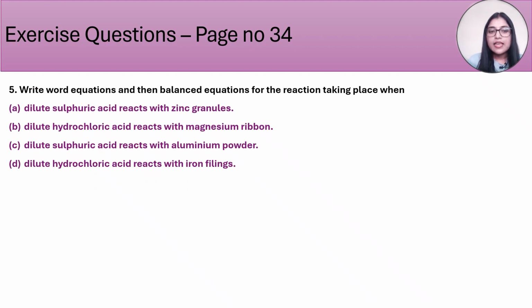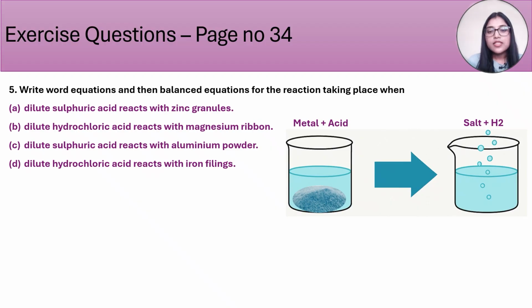Fifth question says, write word equations and then balanced equations for reactions taking place when dilute sulfuric acid reacts with zinc granules, and 3 other equations are given. Let's start with the first one. When dilute acid reacts with zinc granules, that is metal plus acid, it is going to give salt and hydrogen gas.